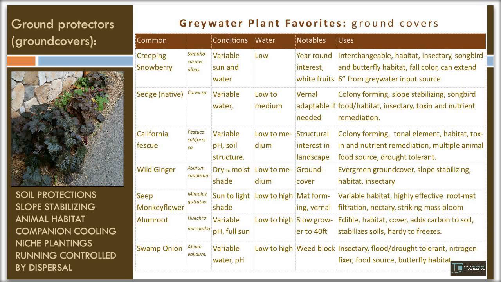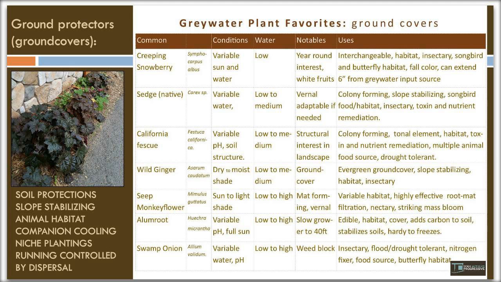So the next list is ground protectors or ground covers. I call them ground protectors because they really do help stabilize that soil on the surface, and they cool the soil, and they provide a never-ending host of features. They have animal habitat properties. They can cool the companion they're planted with, like a neighboring tree.